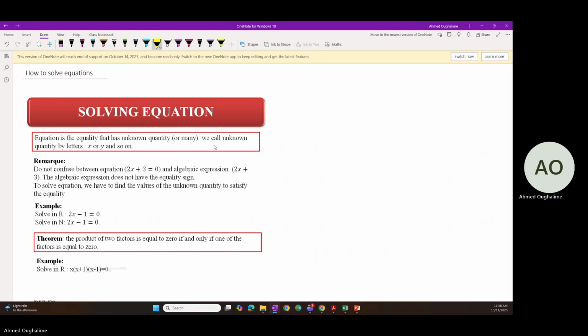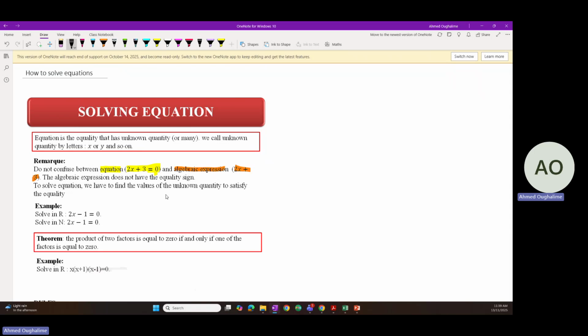So you don't have to mix up an equation with what we call an algebraic expression. Let's say 2x plus 3 is just an expression, it's not an equation. But this is very important. It's about the terminology. You have to understand what you are talking about.